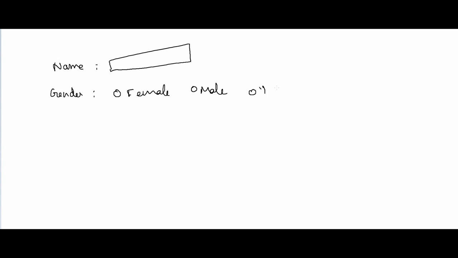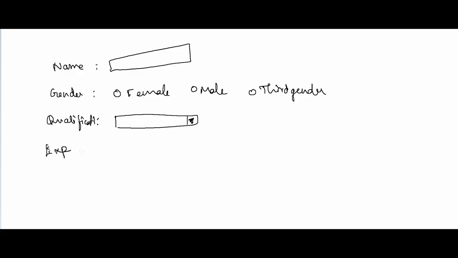So if I have created name, one box, and gender with a radio button, here I'm going with qualification, where I have given one drop down, experience, where also I am going with a drop down, and hobbies, where I'm going with the checkbox.